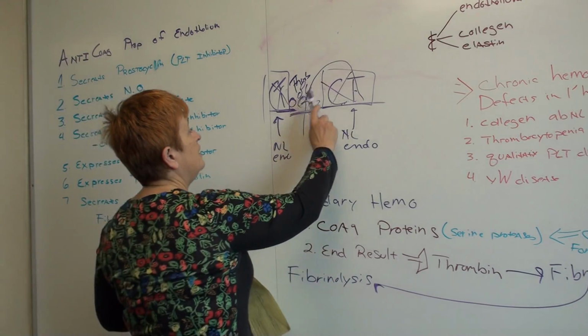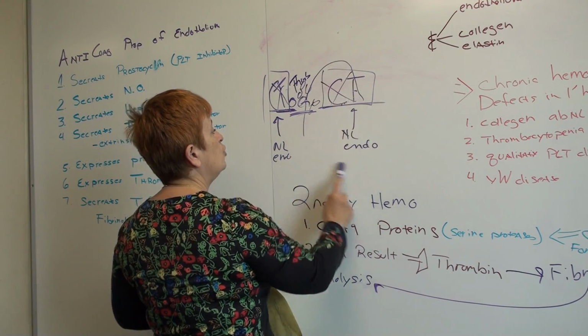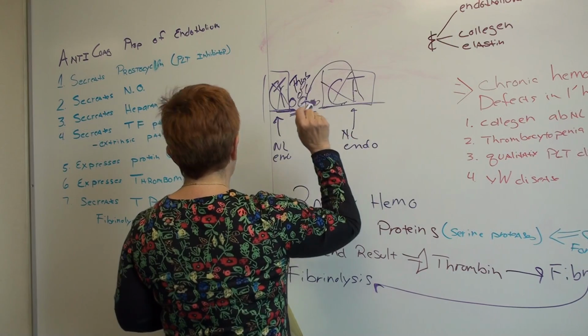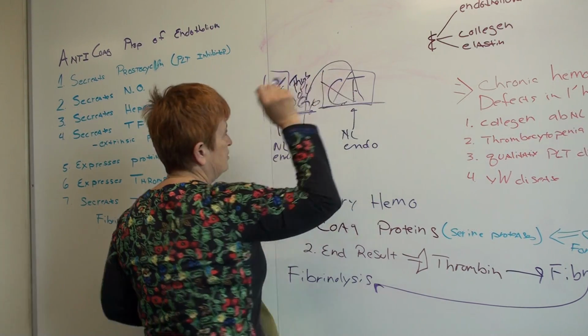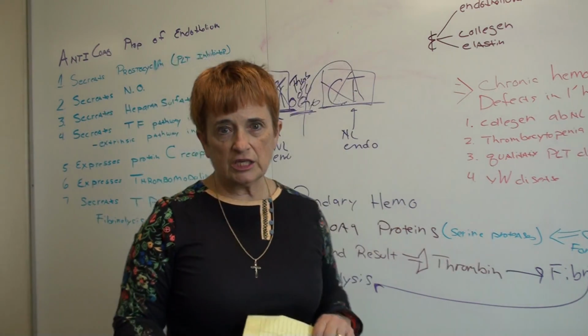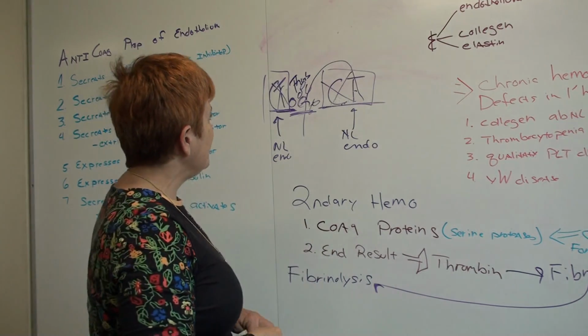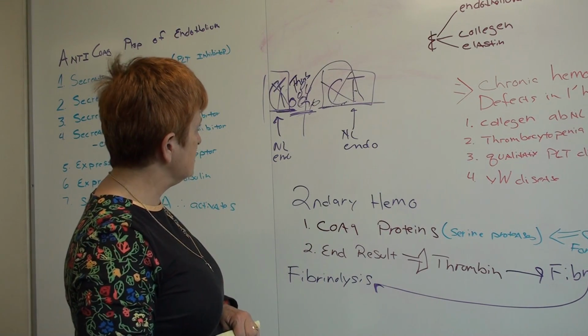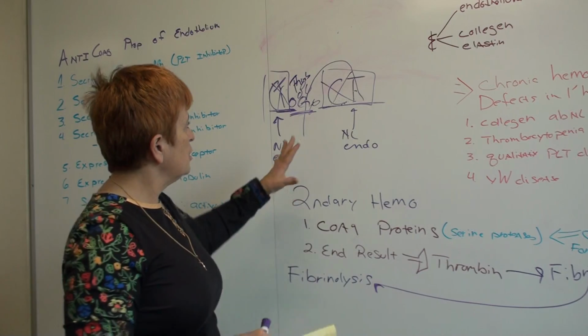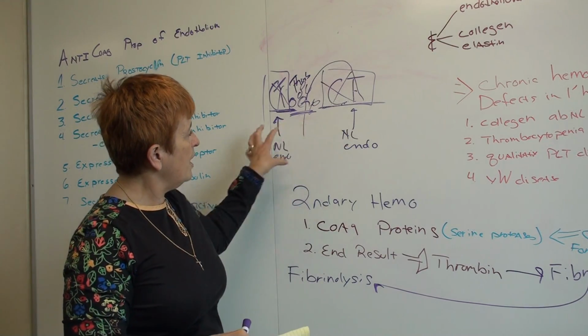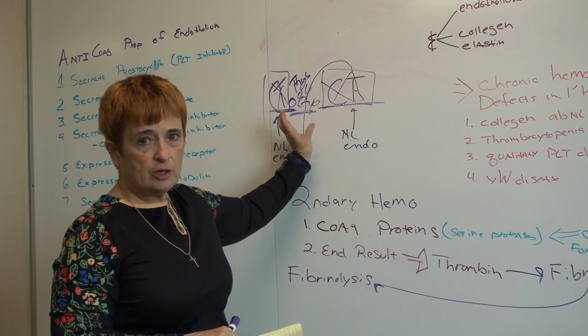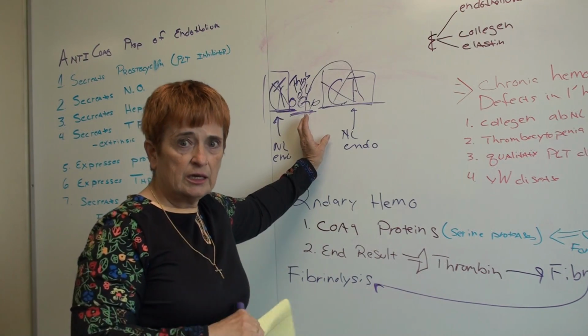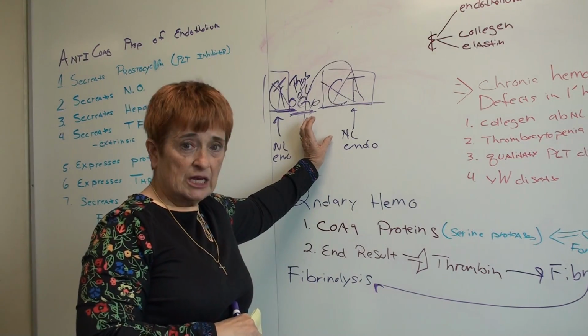So if anything happens downstream, my normal endothelium is going to have tissue plasminogen activator in order to get rid of it. So isn't that amazing? It's just amazing how my body will naturally keep my clot localized. And we'll go into that in a little bit more detail later.